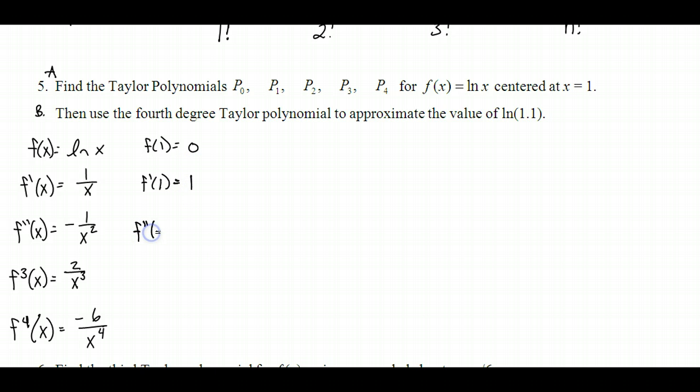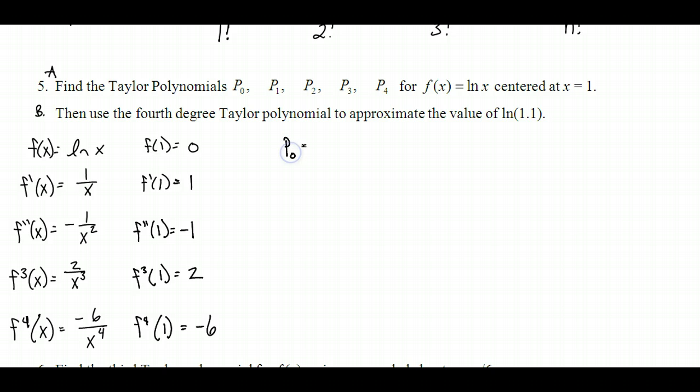In the second derivative, when I plug in a 1, I'm going to get negative 1. In the third derivative, when I plug in a 1, I'm going to get a positive 2. And in the fourth derivative, when I plug in 1, I'm going to get negative 6. These coefficients are all used in our formula when we expand our formulas.